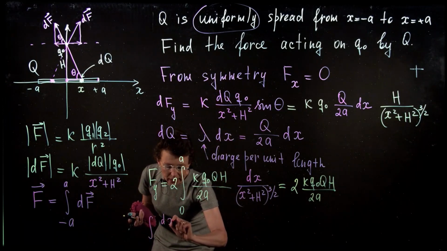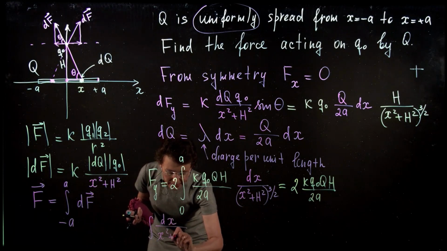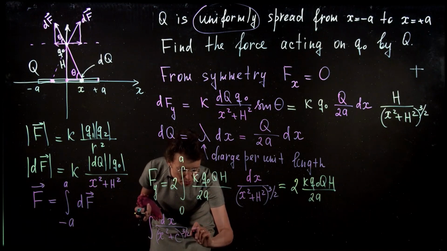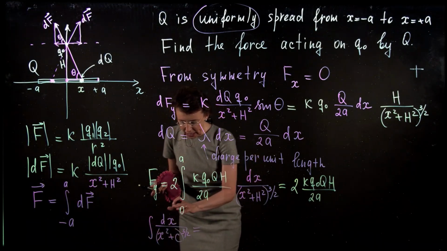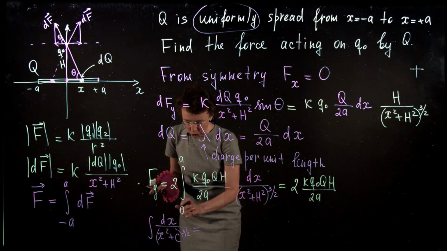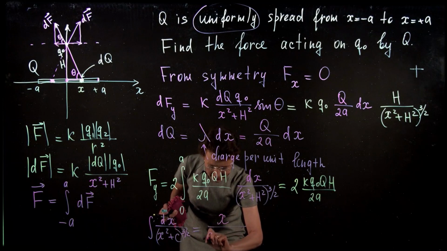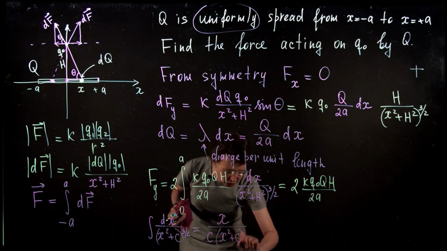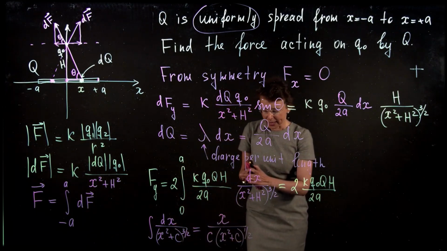The integral dx over x squared plus c to the 3/2 is a table integral. You don't need to memorize it. It will be provided on the exam if you need it. So this is equal to x divided by c, and then square root of x squared plus c. We will use this table integral here.